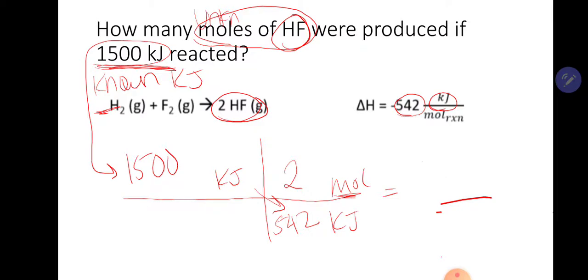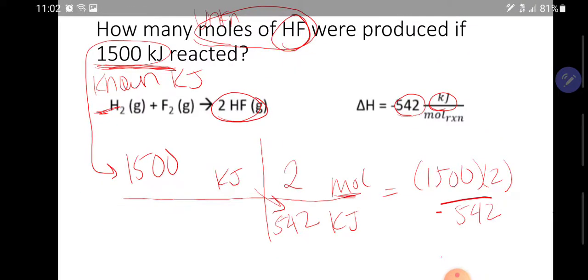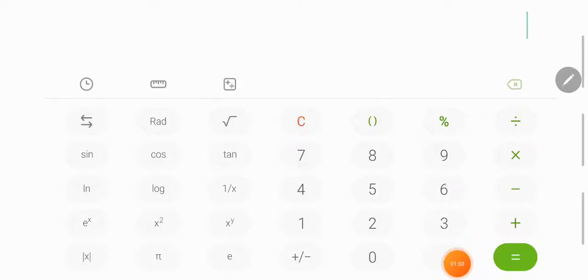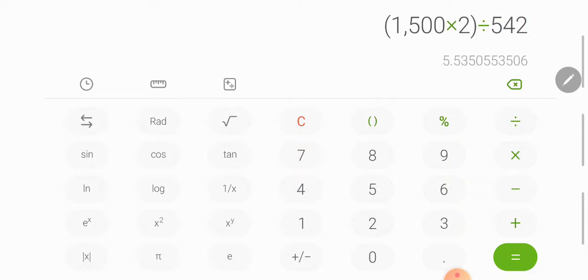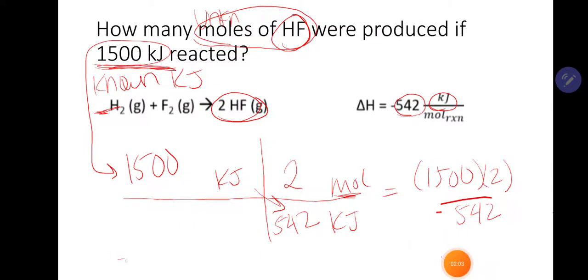So when we plug this in, we're going to have 1500 times 2 divided by 542. And we can go calculate that. Let's see, 1500 times 2 divided by 542, and we get 5.5. So that means my final answer is 5.5 moles.